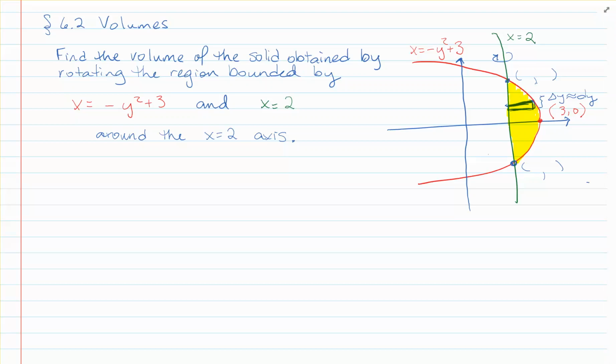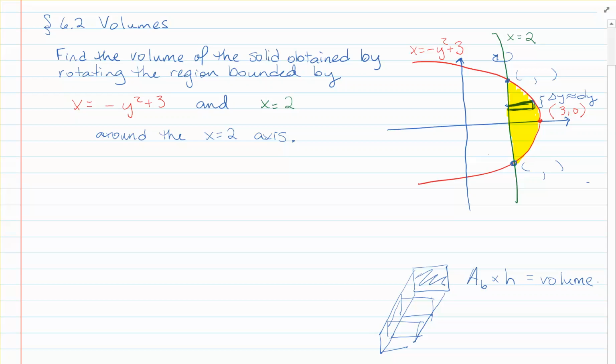So let's see how volumes are related to areas by going back to geometry. And remember back in the day when we wanted to figure out the volume of a rectangular prism. We'll actually use a square prism here as it's even easier to draw. The idea is if I just knew what the cross sections of a prism look like, then I can take the area of the base and multiply it by the height to give me the volume. So for a rectangular prism, we have length times width gives you the area of the base, and then times height to give you the volume.